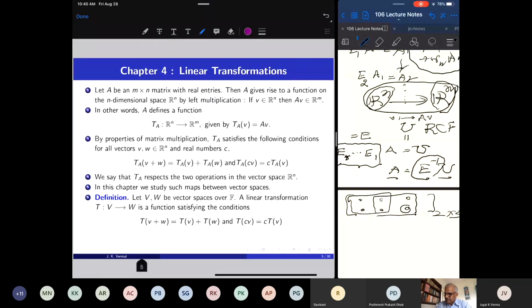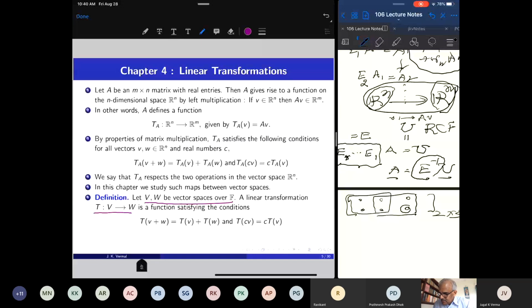Here, let's make this definition. Suppose V and W are vector spaces, arbitrary vector spaces. Vector spaces can consist of matrices or functions or ordinary vectors, or matrices can themselves form vector spaces. So vector spaces are of all kinds of objects. So I take two abstract vector spaces and a map between them, a function between them.